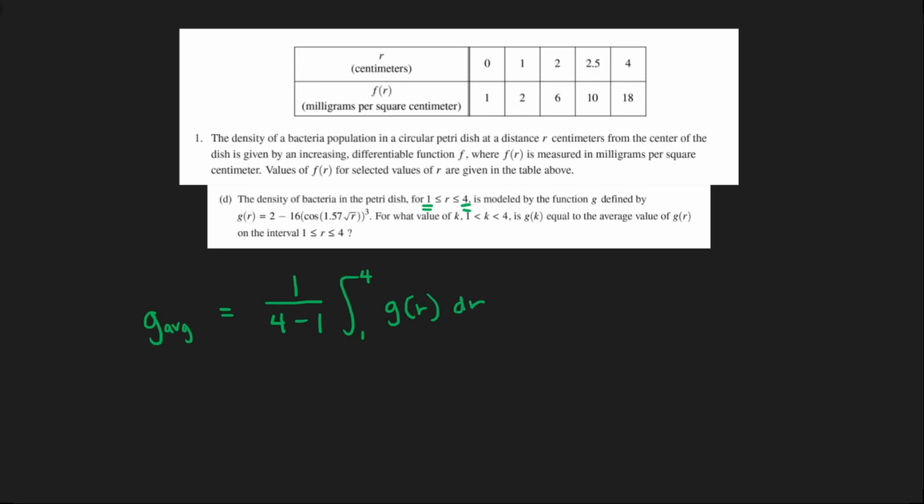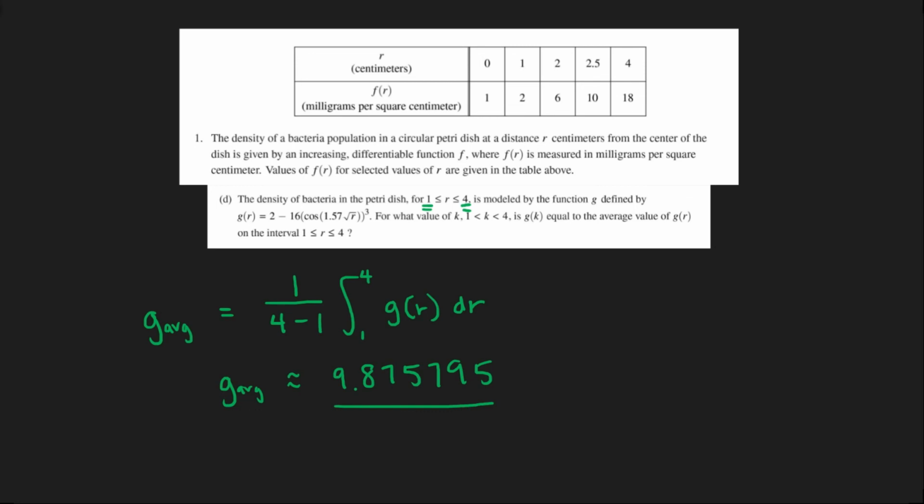dr. And if we plug this into our calculator, we get that g average is going to equal, and actually it'd be more correct to write a squiggly equal, 9.875795. So then we have our average function of g right here. And from here, we set this equal to g of k and then solve for that k value.